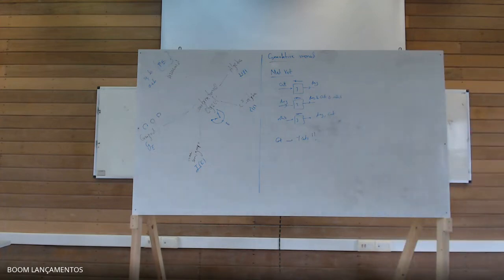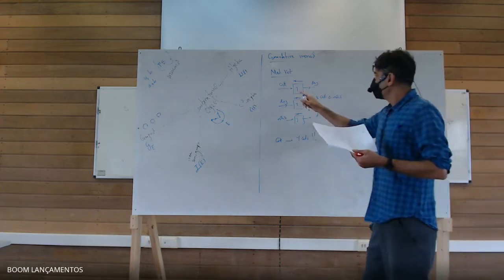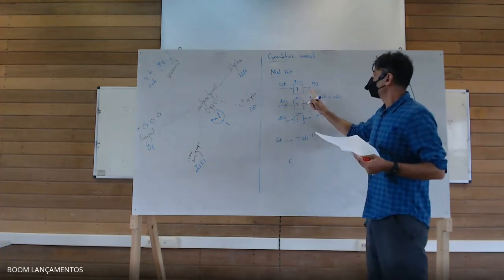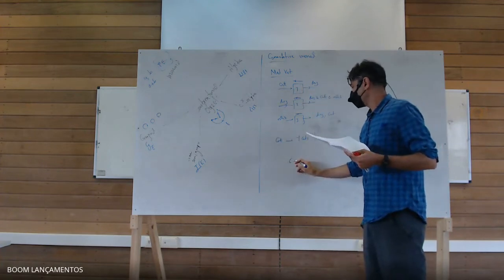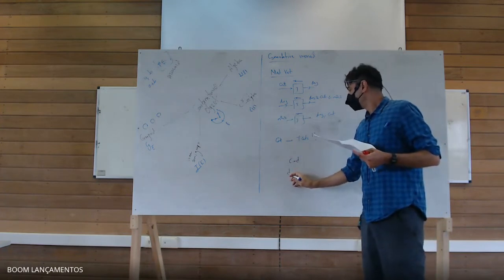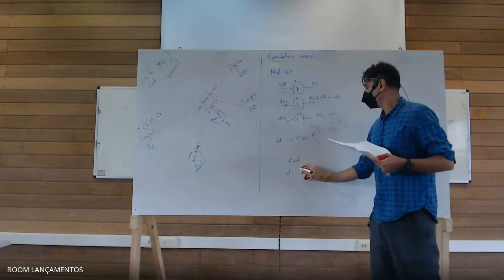Now, thinking mathematically, let me try to make a mathematical model out of this. How can I do that? Here you have a cat, and when you transfer it you get a dog, so a cat is the same as a dog. Then if you have a dog, you can push it here and you get a dog, a cat, and a rabbit.